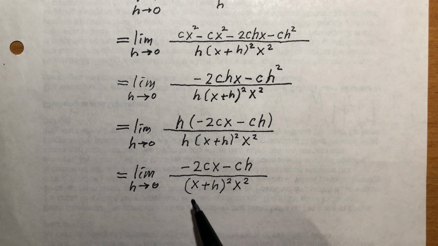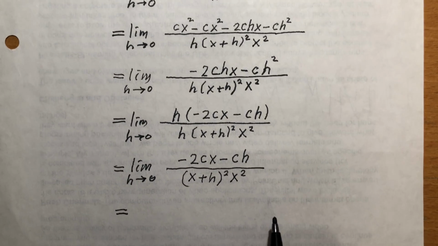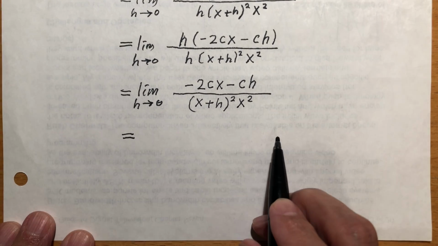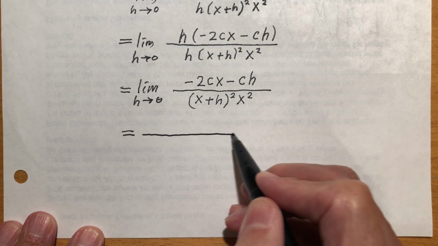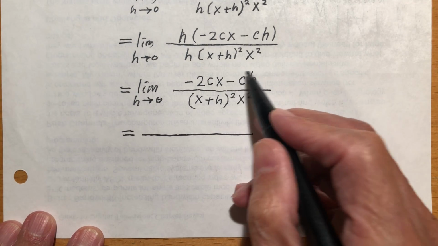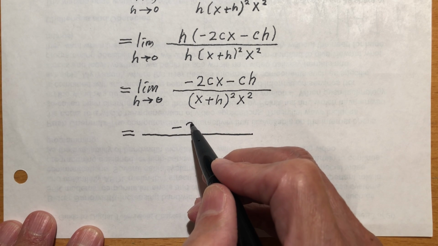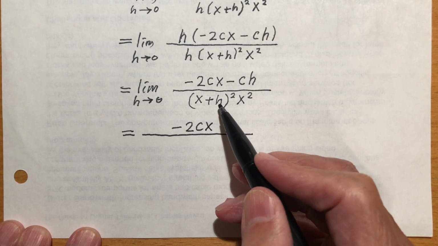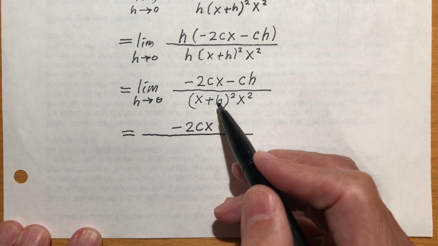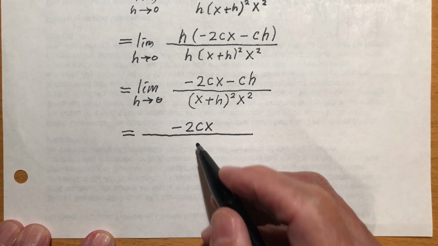Now, we do the limit. The limit is h goes to 0. This is gone, so I have negative 2cx. In the denominator, h becomes 0, so x squared times x squared.